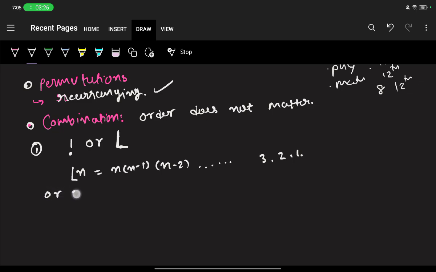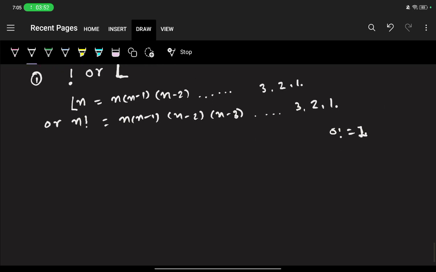Not 0. That's why it is only up to 1. So always remember 0 factorial means 1.